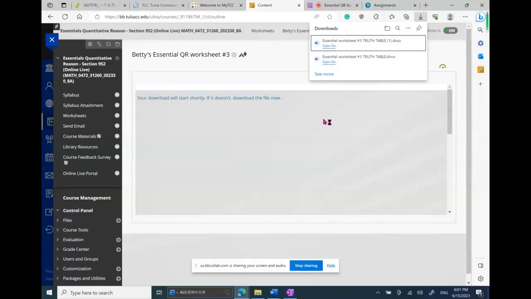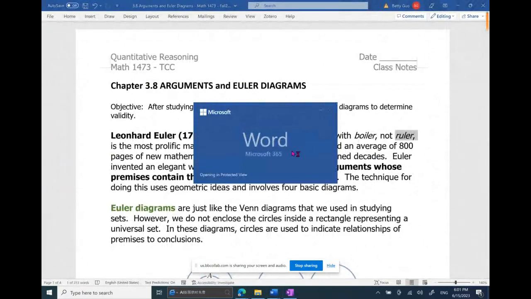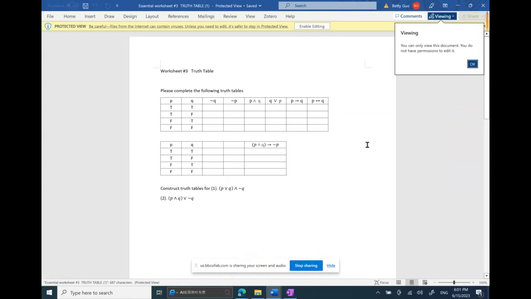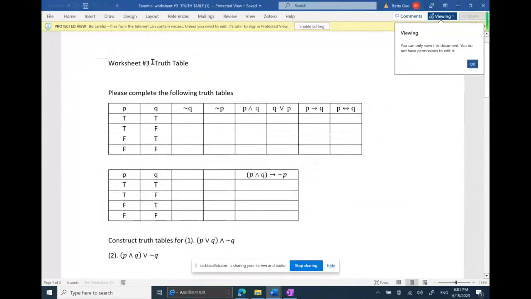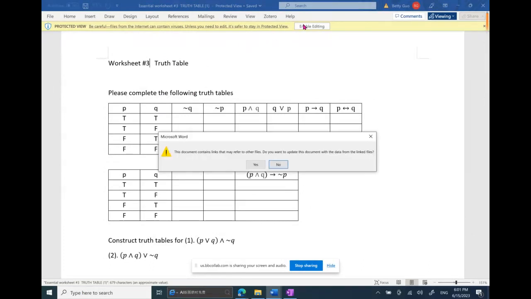So the second assignment for the essential class is this worksheet. I'm going to change that to assignment 2, not assignment 3. This is assignment 2.